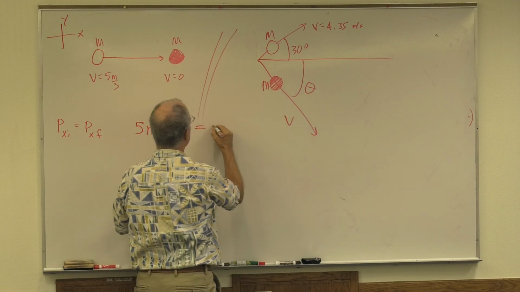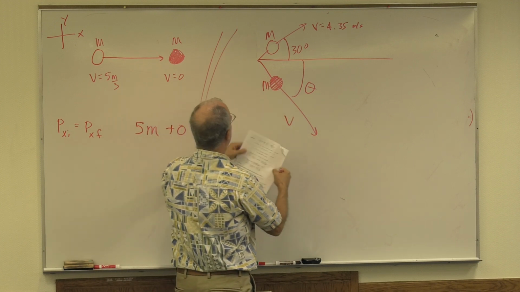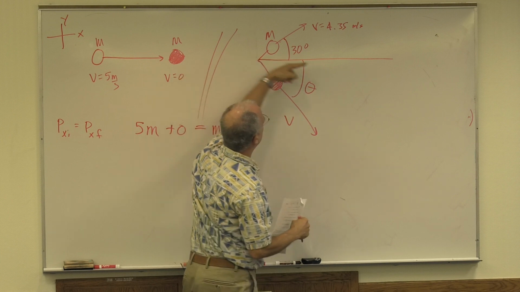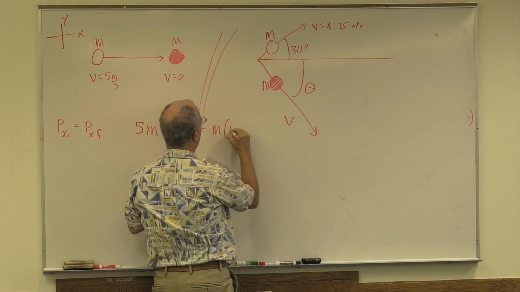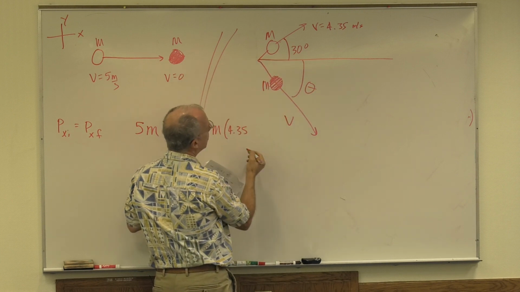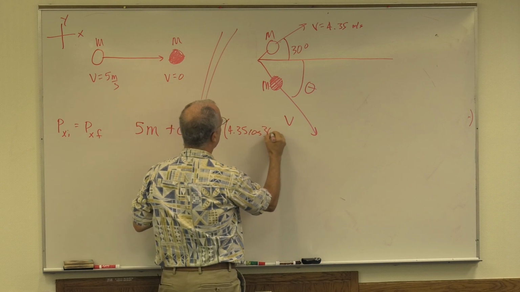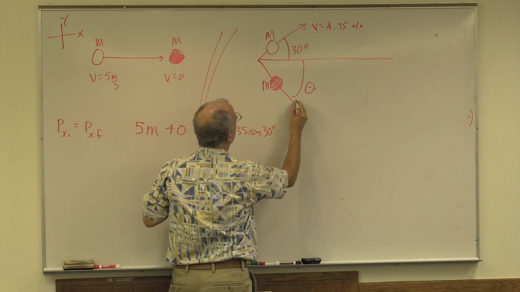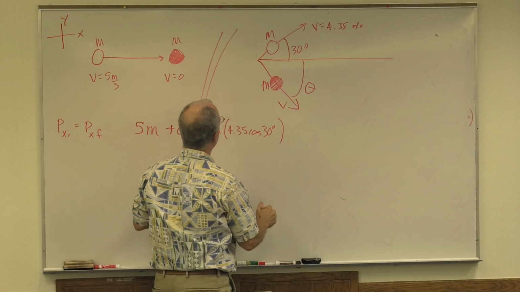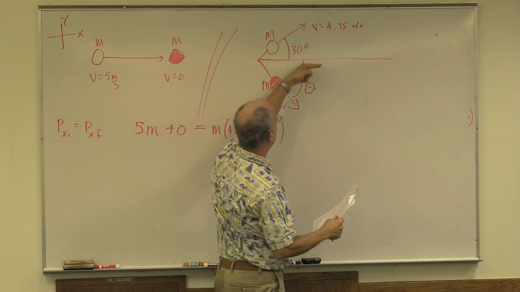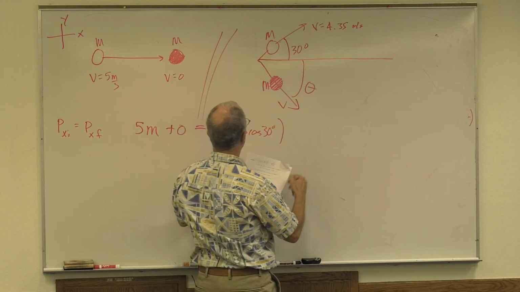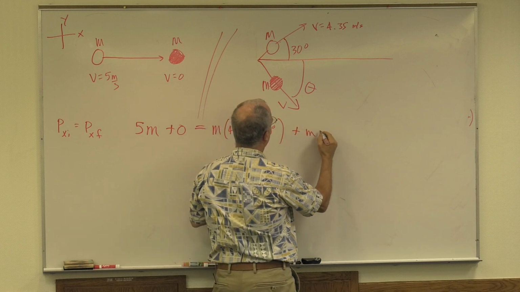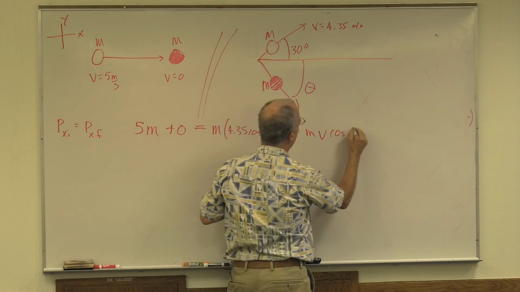Well, it's the mass times velocity in the x direction, right? So it's going to be 4.35 meters per second cosine of 30. Okay, so that's the x momentum of this guy. What's the x momentum of that guy? So mass, velocity, cosine theta.